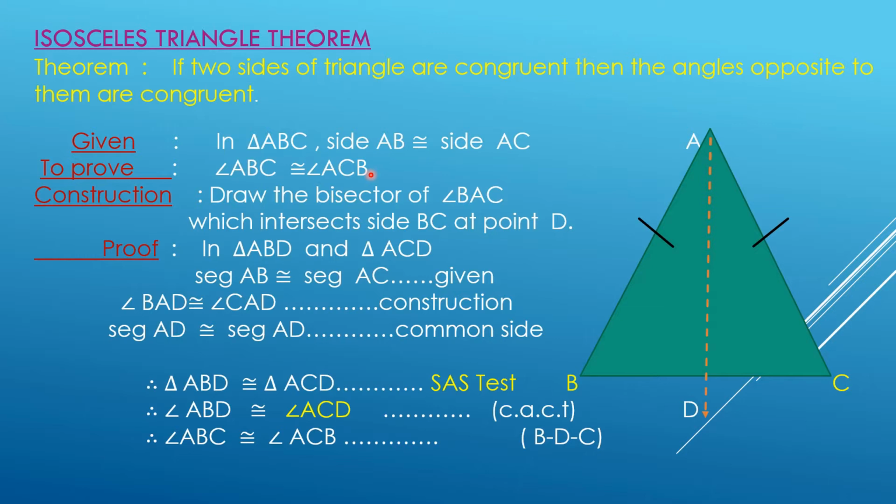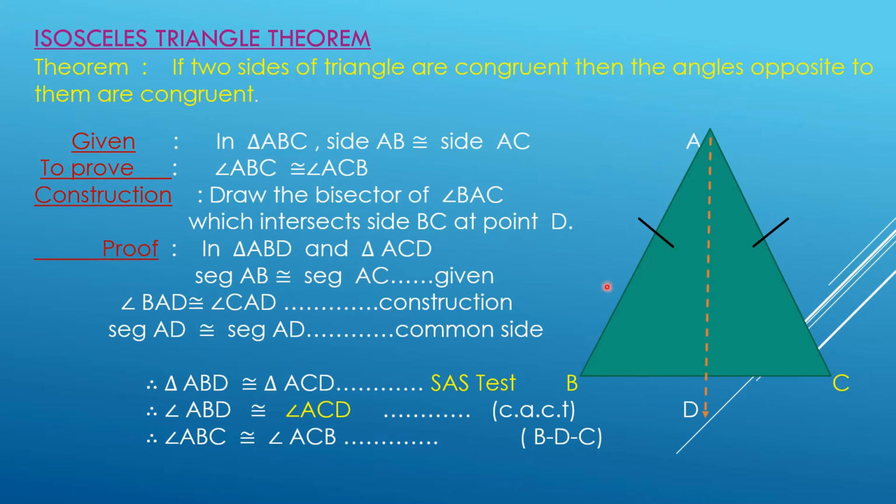Then construction: draw the bisector of angle BAC which intersects the side BC at the point D. And proof. First you have to take the two triangles, that is triangle ABD and triangle ACD. Then write the congruent parts.